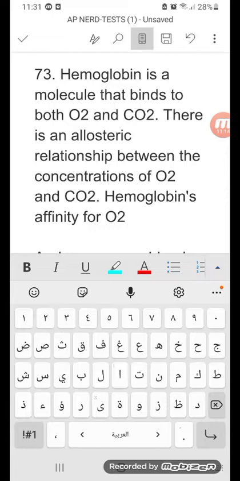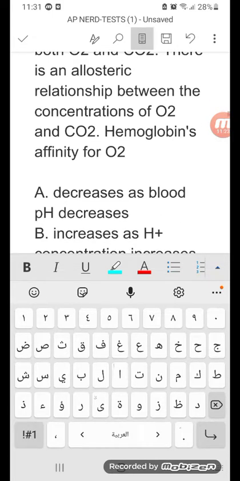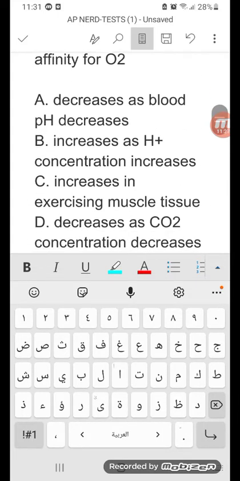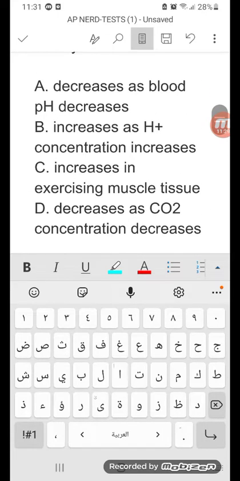Hemoglobin is a molecule that binds to both O2 and CO2. There is an allosteric relationship between the concentration of O2 and CO2. Hemoglobin's affinity for O2... Yes, that's definitely A is the answer.